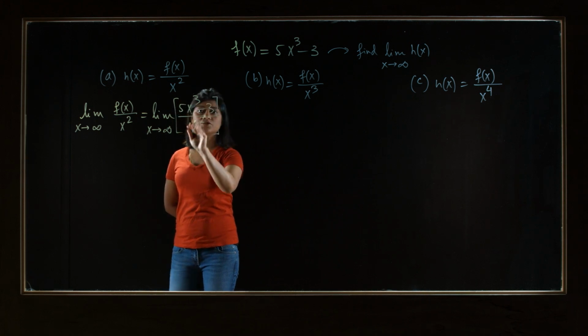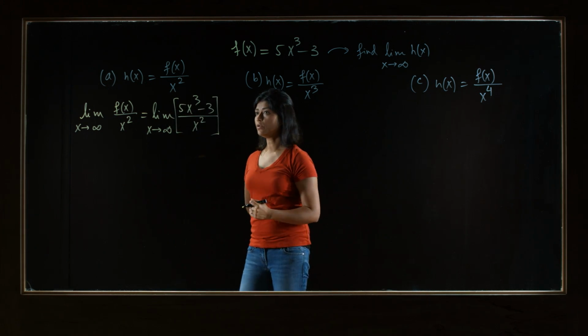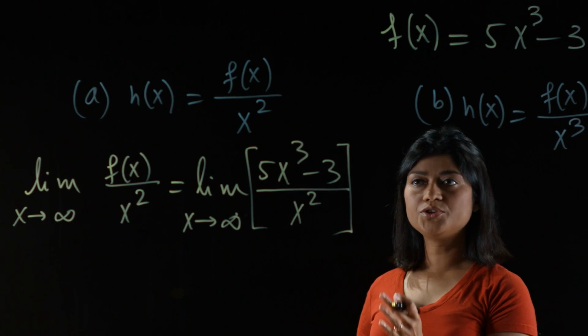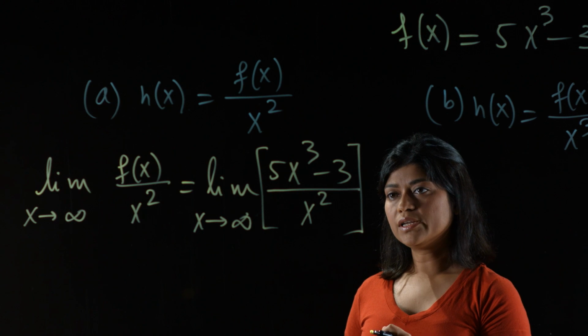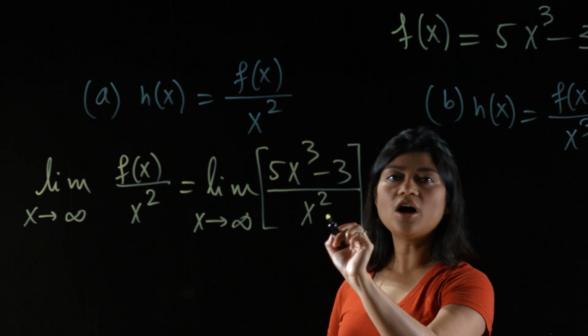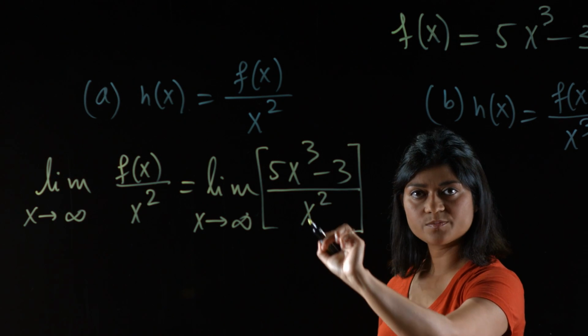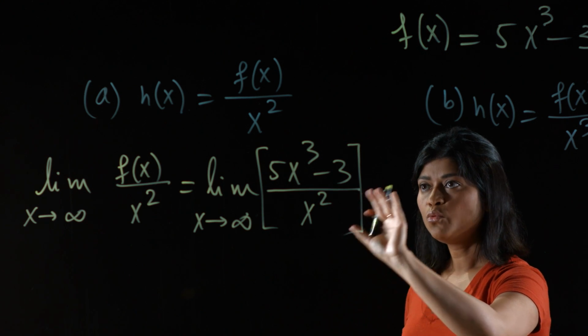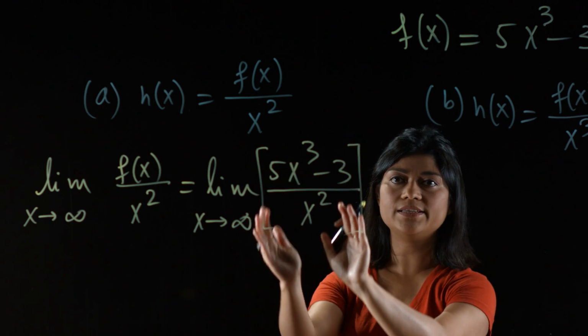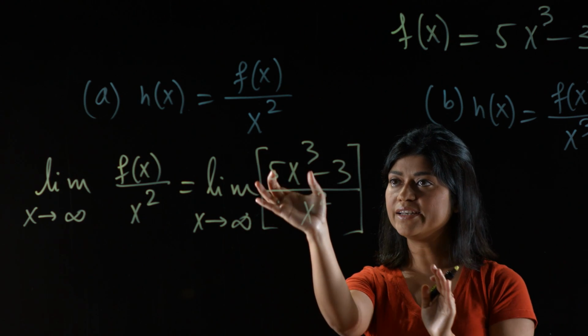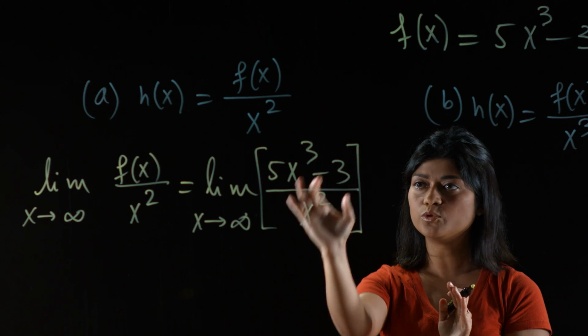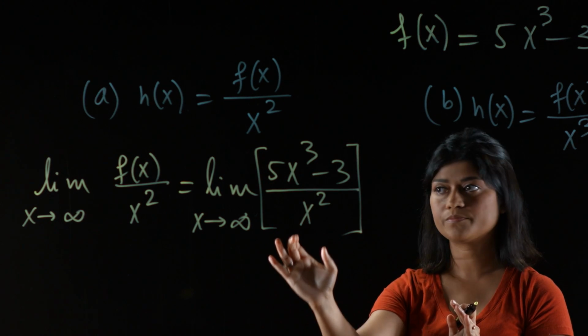So this is the function whose limit we have to evaluate. Now how do we do that? Notice that since the denominator just has one expression, just x squared, we can first simplify this entire expression and divide each term of the numerator by x squared first.